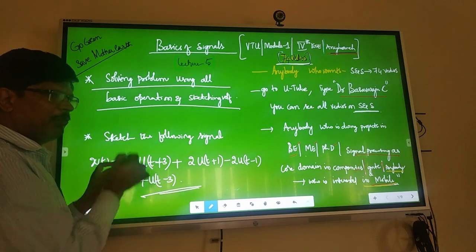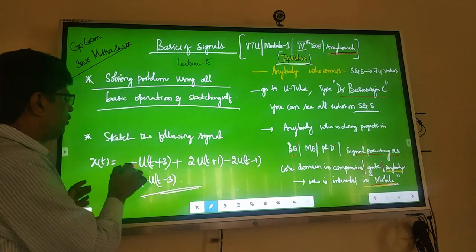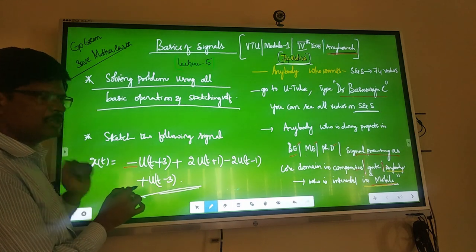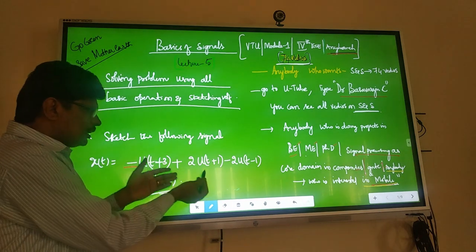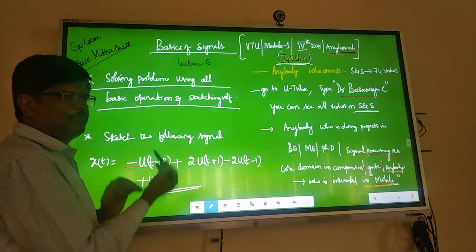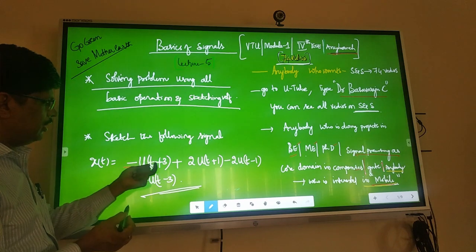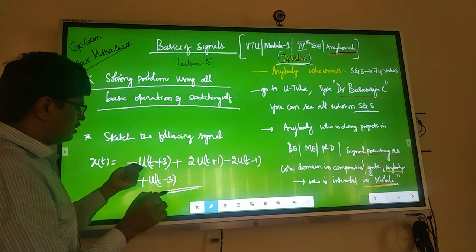If you remember the previous sessions, minus 1 is the amplitude scaling operation, and u of t plus 3 means the signal is advanced by 3. This is the time shift property. Here t is the independent variable and x is the dependent variable.